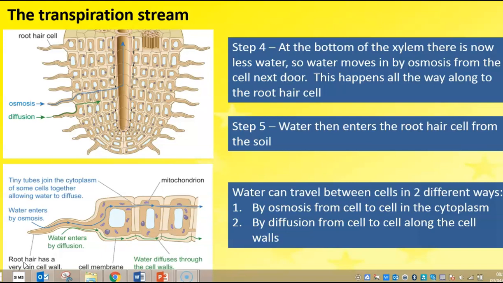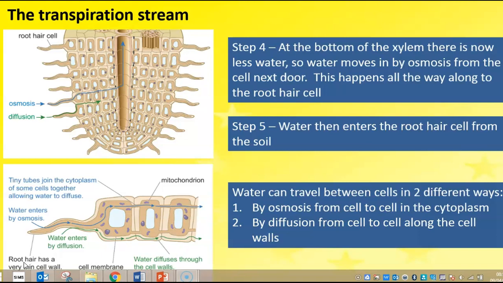Once we get to the root hair cell, then water will pass in from the soil into the root hair cell, again by either osmosis, or at this point here it could happen by diffusion. If you imagine the cell walls on the root hair cells are like paper, because actually that's what paper's made from, plants.